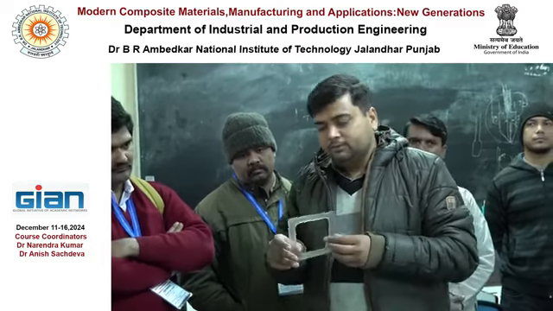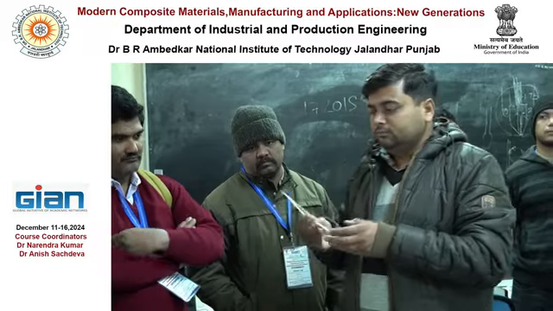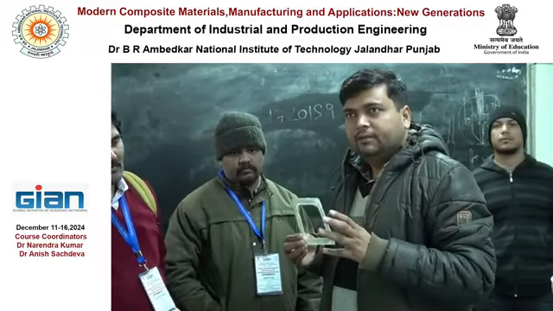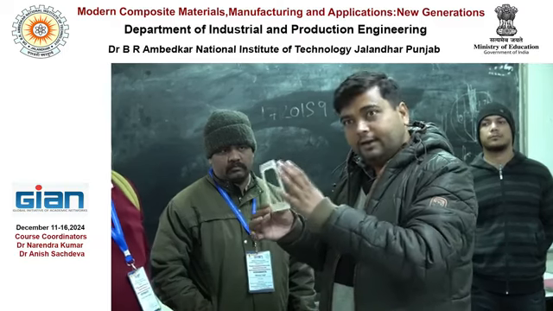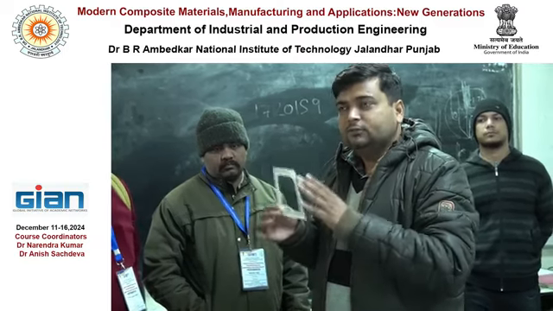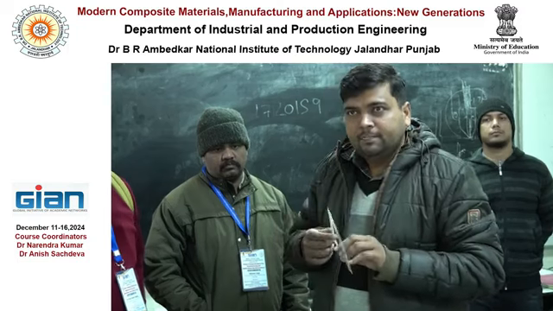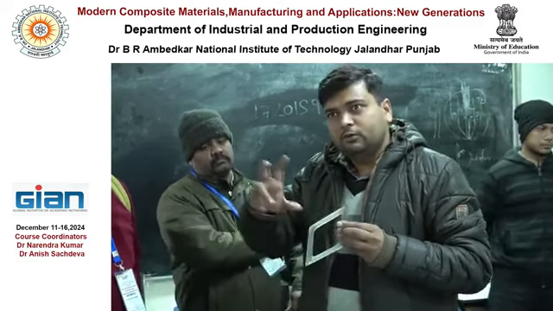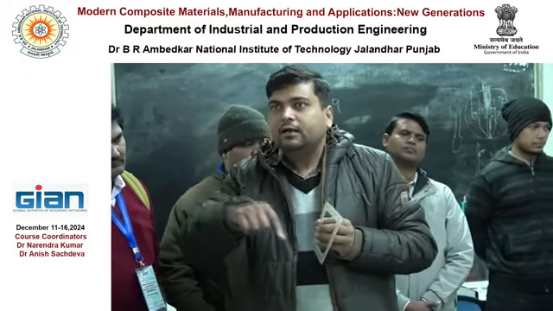But here what we are trying to do is impregnate the continuous fiber along with the resin. So we are processing material in the liquid form and simultaneously adding this fiber. We are depositing both the materials, continuous fiber and resin.